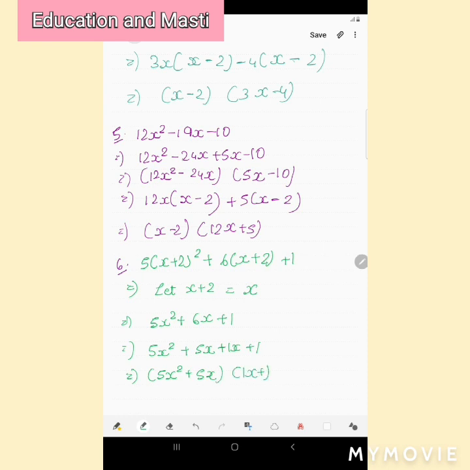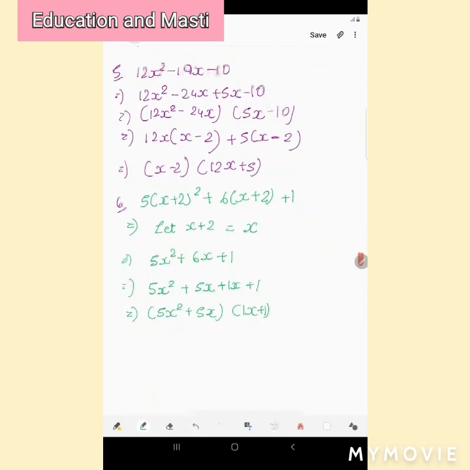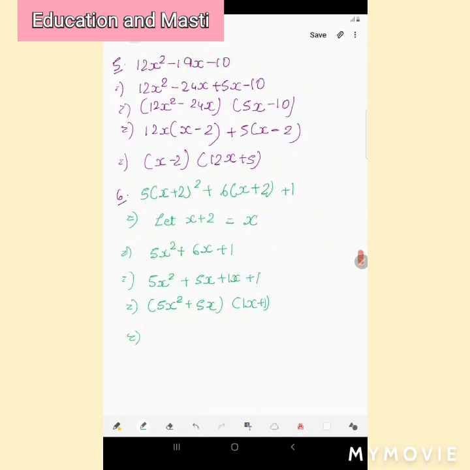Okay. So now we will take in common: 5x together we will take in common, then x plus 1. Then plus, here we will take 1 in common and write x plus 1. So therefore what we get is x plus 1 and 5x plus 1.